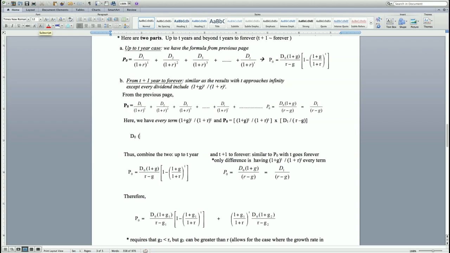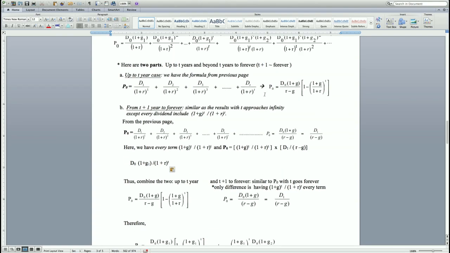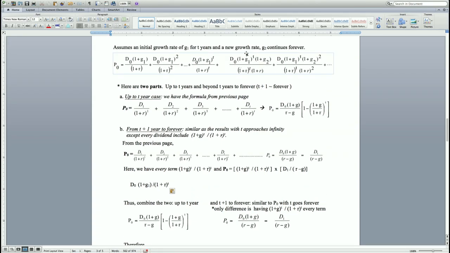And in the bracket, 1 plus G power to 1 and over, that's anything I can copy here, 1 plus R to T, that's shorter, faster. This one, okay, that's the first one after T. This is T plus 1, okay?